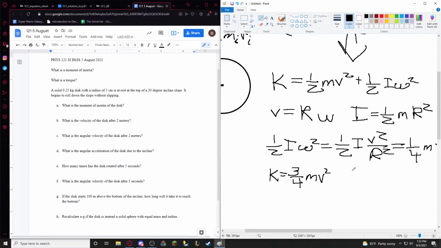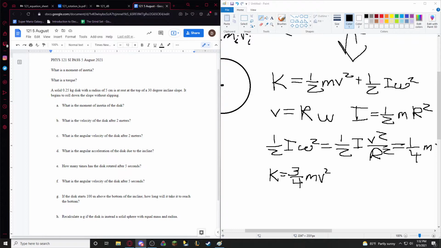How would we find the acceleration? Oh, would it be too complicated to use the kinematic equations? You could do it, but it's going to be a bit annoying.